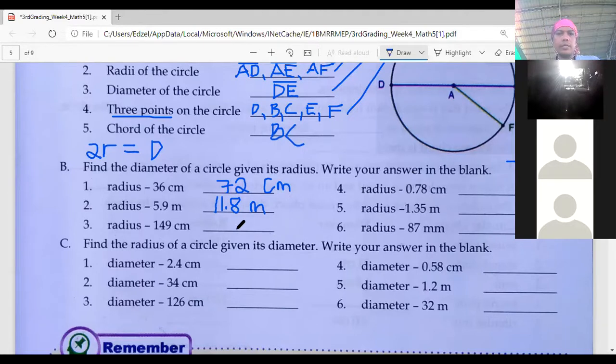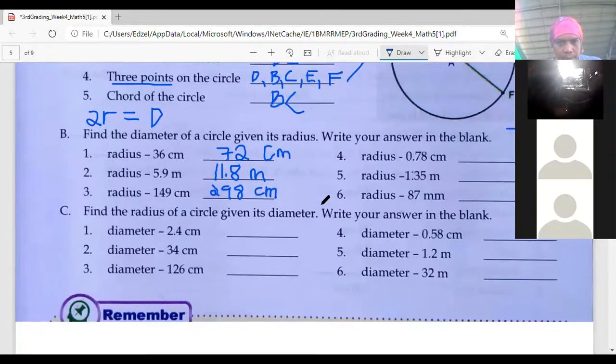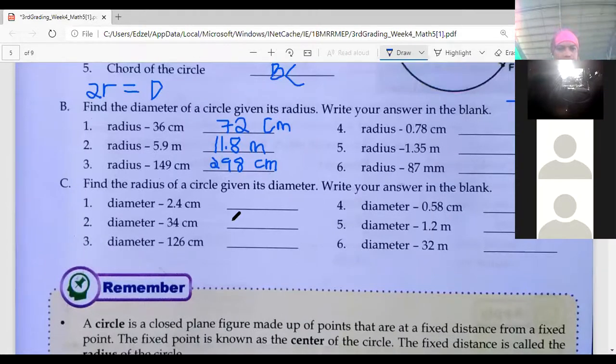Ayan, 298 is correct. 298 cm. Ayaw kalimot sa unit.